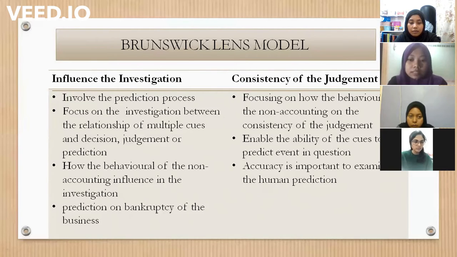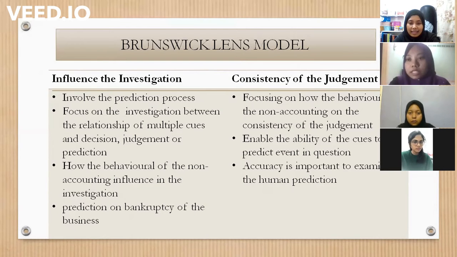The decision, judgment, or prediction arises because of the response to the multiple cues. Non-accounting people are mostly influenced because of the judgment of the prediction. For example, the prediction of bankruptcy in a business.